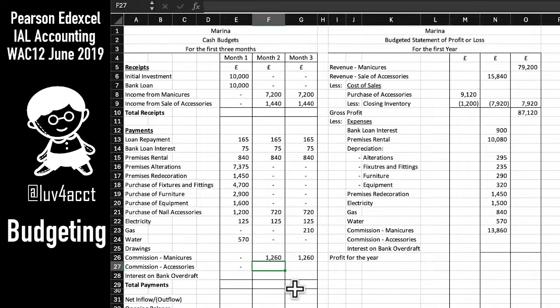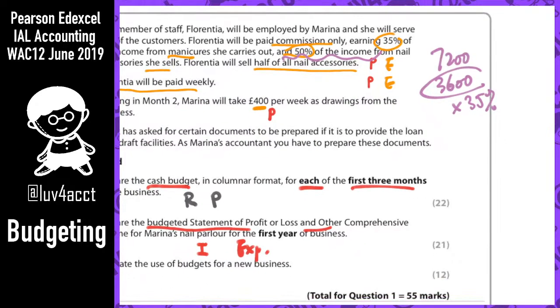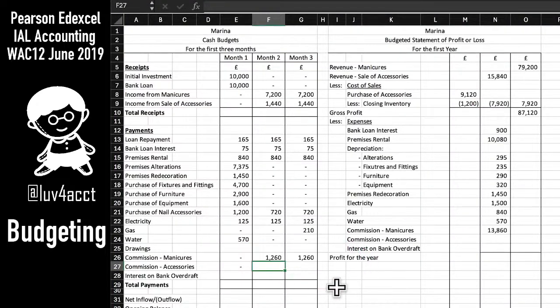Commission on accessories. Again, let us look at the question. The question says 50% of the income. That means of 1,440, 720 will be the sales concluded by the staff. And then 50% of 720. Okay, let us put it there.